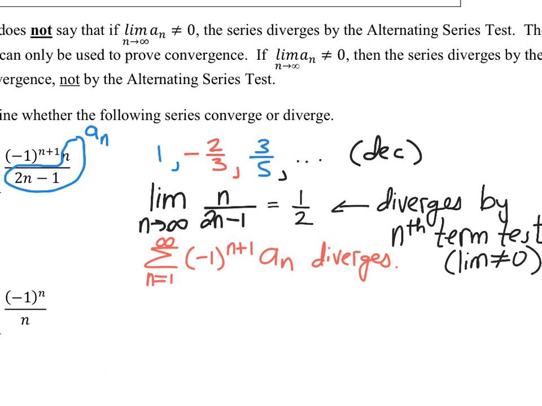And I'm just using shorthand here. -1 to the n plus 1, and then all of this amounted to a sub n, so I just wrote it that way instead of writing all this stuff again. I don't want to do that. All right. So we were so close. If this ended up being equal to 0, we would say it converged by alternating series test. It's not equal to 0, but it's the nth term test that tells us that's causing a divergence. So it's a very, very weird quirk of the alternating series scenario.